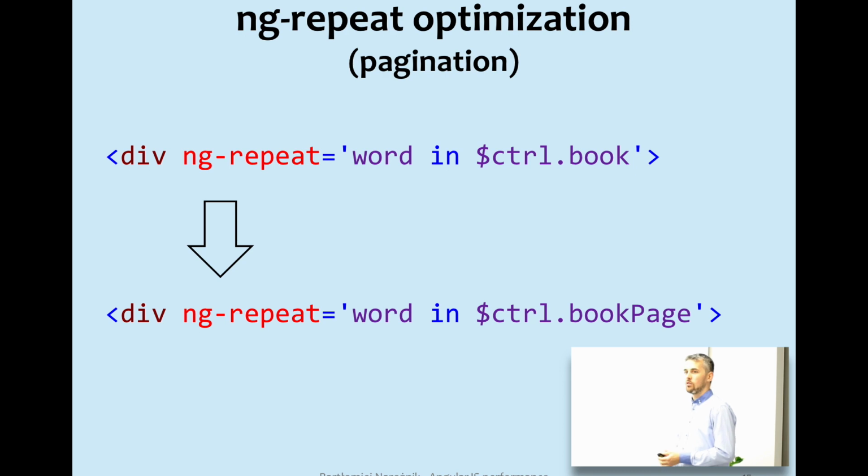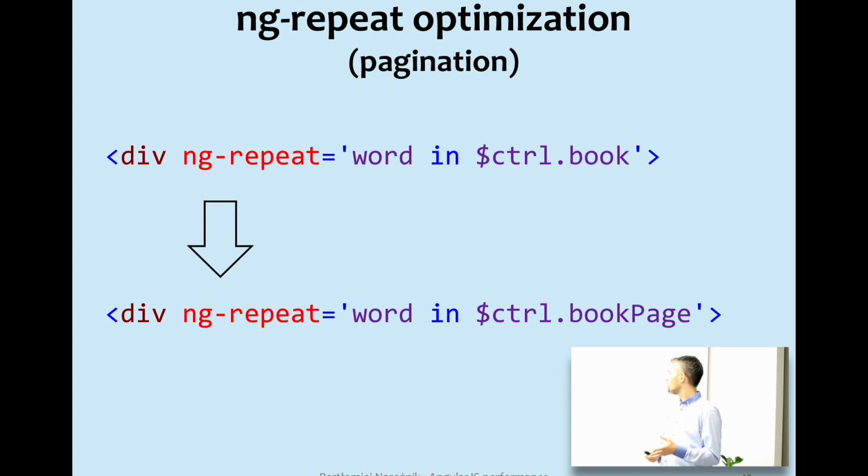We can also use pagination. So if the collection is too much, has too many elements, why not split it? It will also be better from the user experience point of view. Or even better, you can use some plugins, frameworks that do it for you, like grid frameworks.